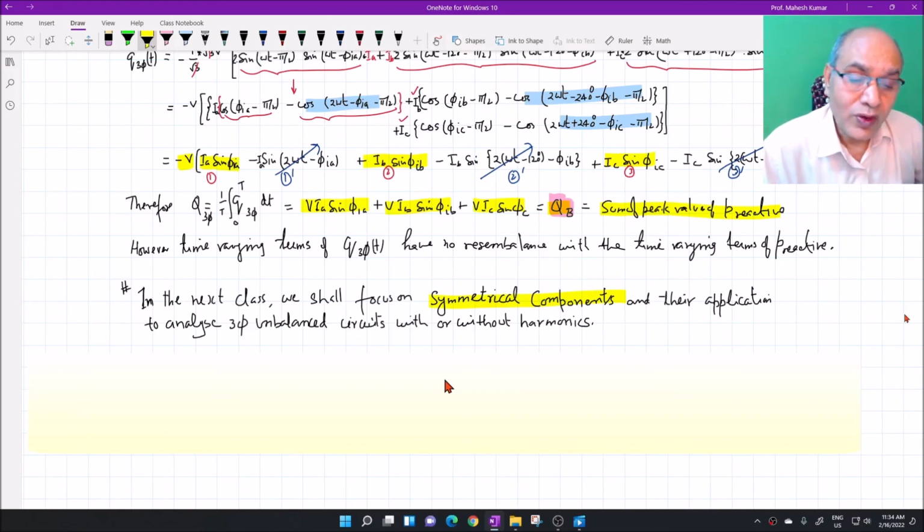There are two aspects of symmetrical component. The one is steady state symmetrical component, where we analyze three-phase quantities in form of phasor quantities at fundamental frequency. And the next aspect is instantaneous symmetrical component, where we analyze the symmetrical component quantities in form of their instantaneous variation. So these concepts we will explore in the next class.